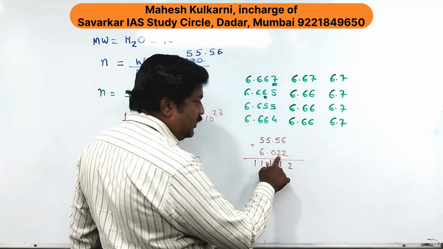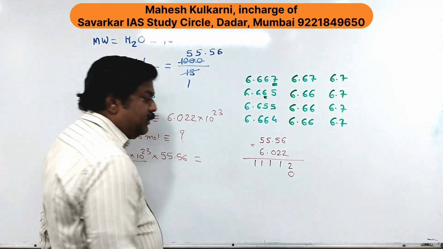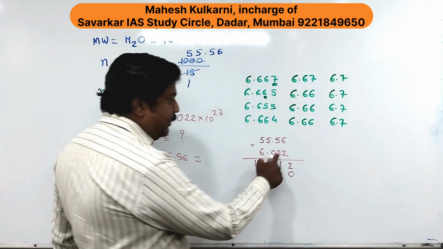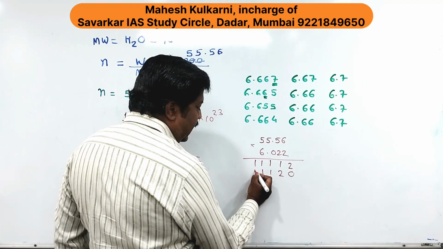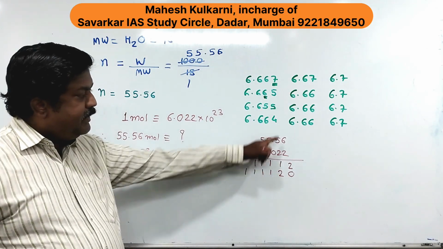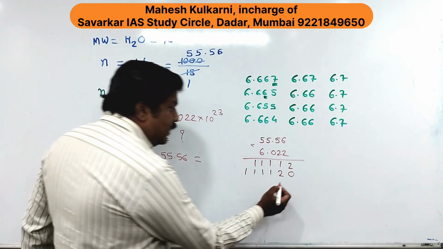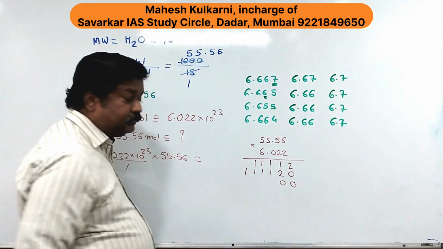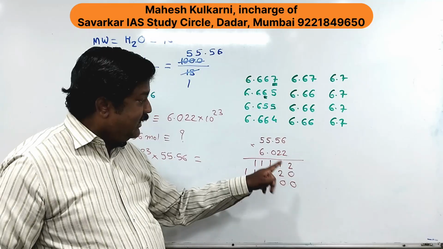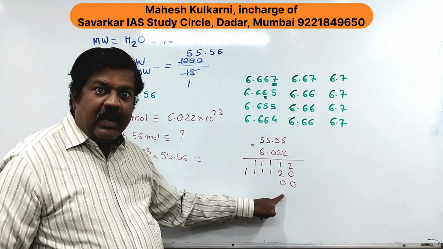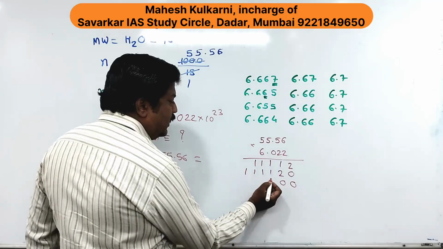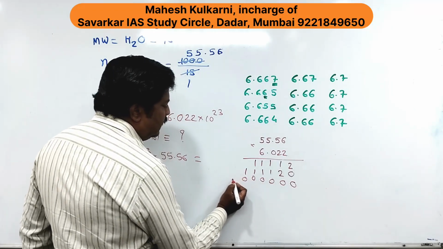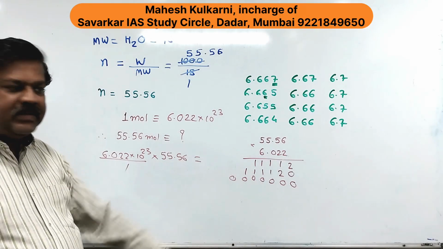Now for this second 2, I will put 0 here and then multiply, but the multiplication will be the same, as we are aware it is the same figure. Now I have to put 2 zeros. No doubt I have to multiply by 0 only here, but still I should not forget to put 2 zeros over here and then multiply by 0. So everything is 0, but I will keep the digit as it is.